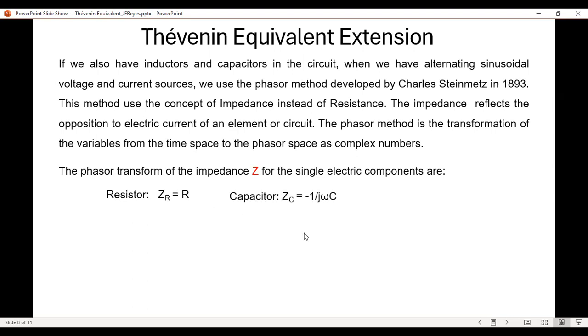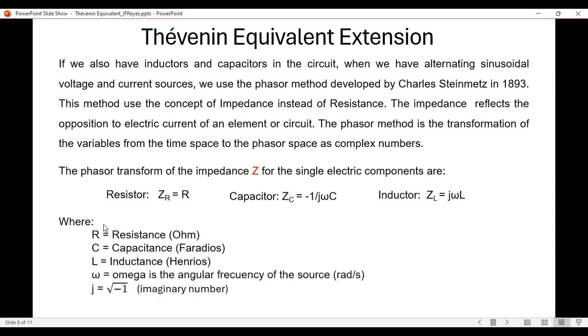For the capacitor, the impedance is -1 divided by j omega C. And for the inductor, the impedance is j omega L, where of course R is the resistance in ohms, C is the capacitance in farads, L is the inductance in henries, omega is the angular frequency of the voltage source in radians per second, and j is the imaginary number square root of -1.